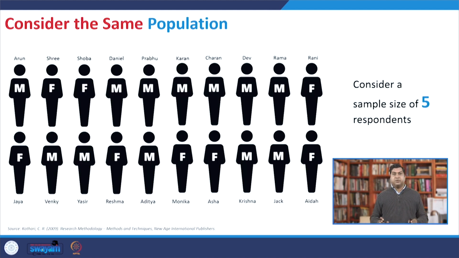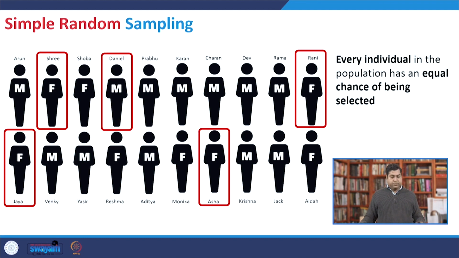It is the same set of example, where we have a population of 20 persons in total, and we have to select a sample size of 5. That was also the case for non-probabilistic sampling. Now if we consider simple random sampling, it is basically based on a random number generator. So you create a random number.